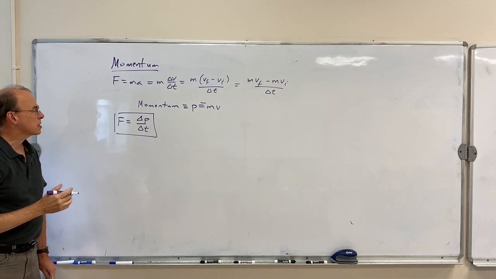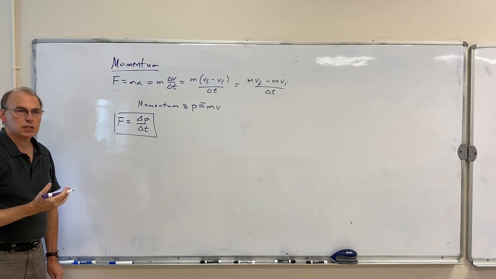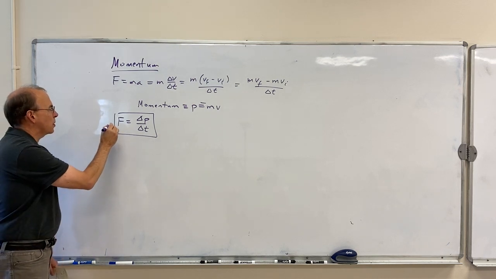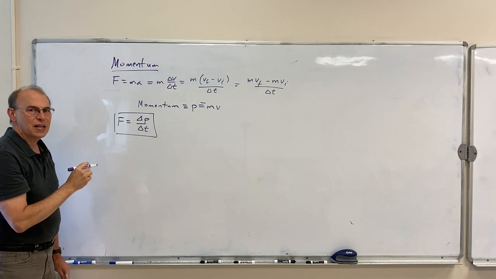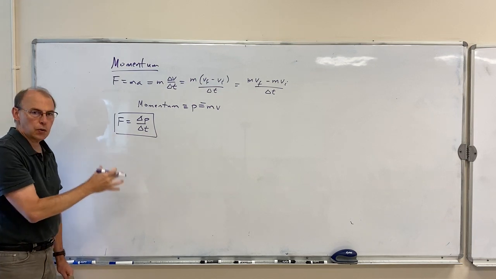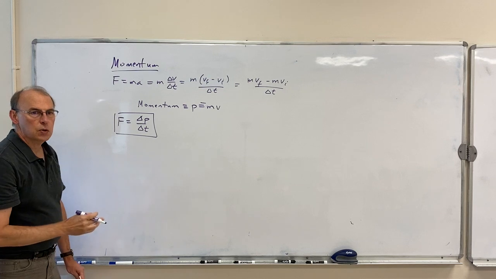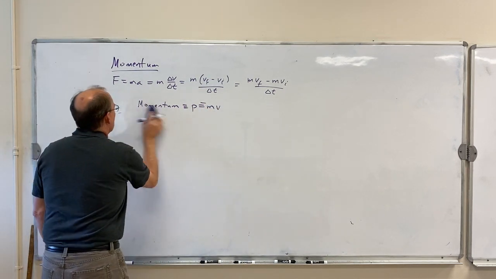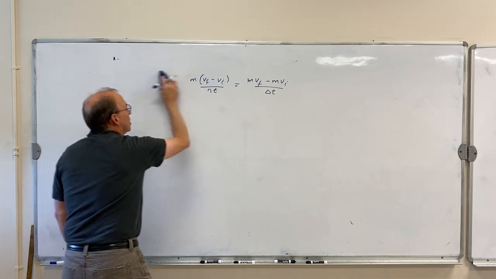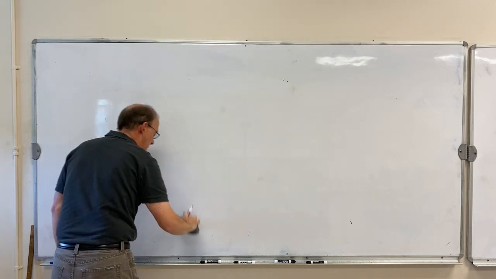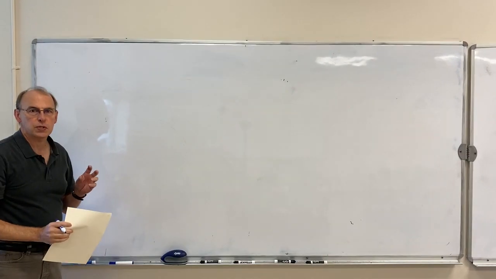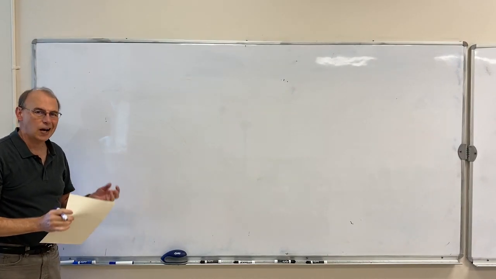Now, this idea of momentum has two fundamental uses. It has uses for when we're talking about forces, and it has uses when there are no forces. So let's look at those two cases. First, when we're dealing with forces, momentum's particularly important when we have a very large force that acts for a very short time.